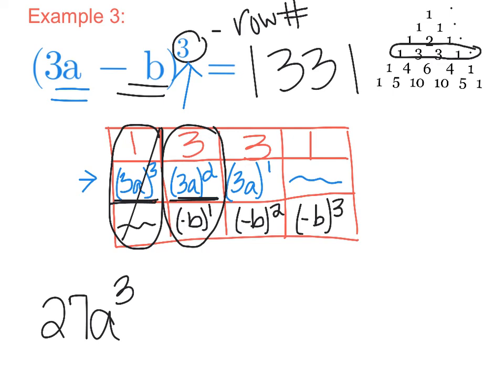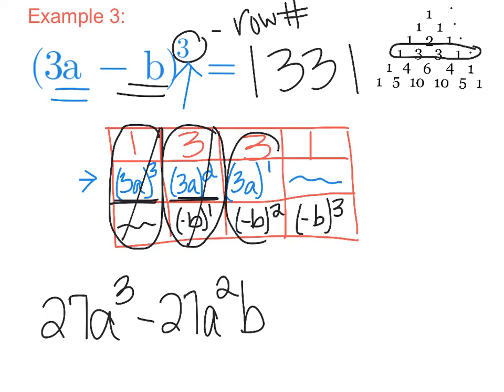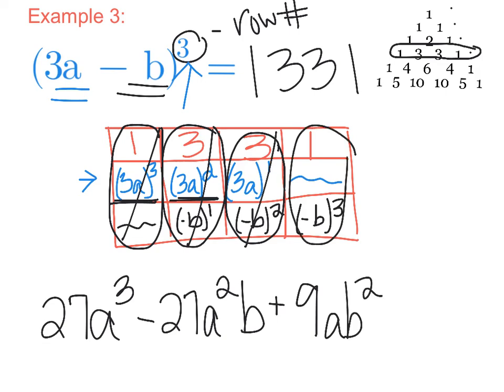But don't forget about your negative b, so it'll be negative 27a squared b. Then look at the third one. That'll be 3 times 3 is 9 times a times b squared, positive b squared. So that would be 9ab squared. And then lastly, that would be negative b to the 3rd.